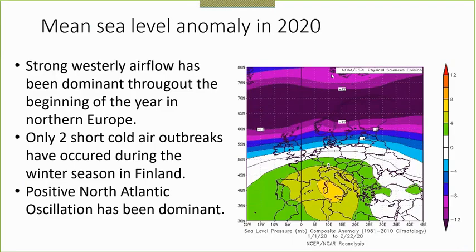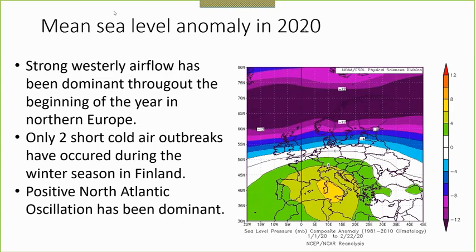Okay, so as I already mentioned, it's been really windy, and low pressures have been dominating the weather, especially here in the western and northern parts of Europe. Here I have a mean sea level pressure anomaly from the beginning of the year, which I got from the reanalysis system from NASA.